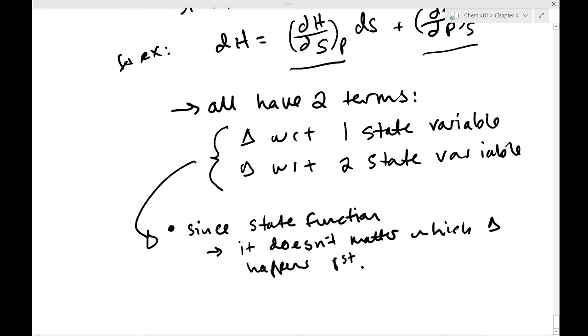It doesn't matter which change happens first because it's a state function. It just depends on the initial and the final values of that state function.